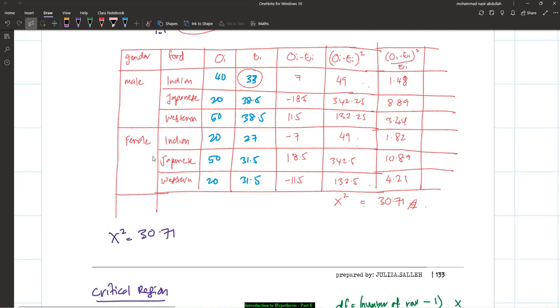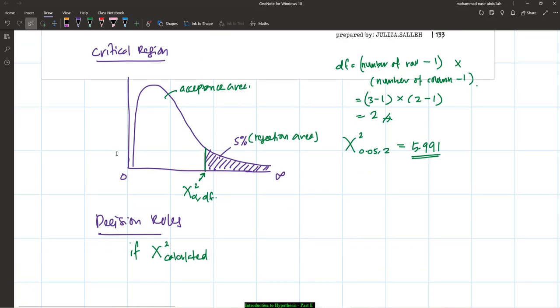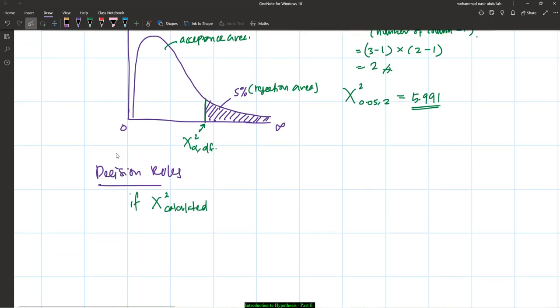Calculated means this value, this is the chi-squared calculated. This is based on the critical value approach. If chi-squared calculated lies in the rejection area, the null hypothesis is rejected. And otherwise, if chi-squared calculated lies in the acceptance area, the null hypothesis is accepted.